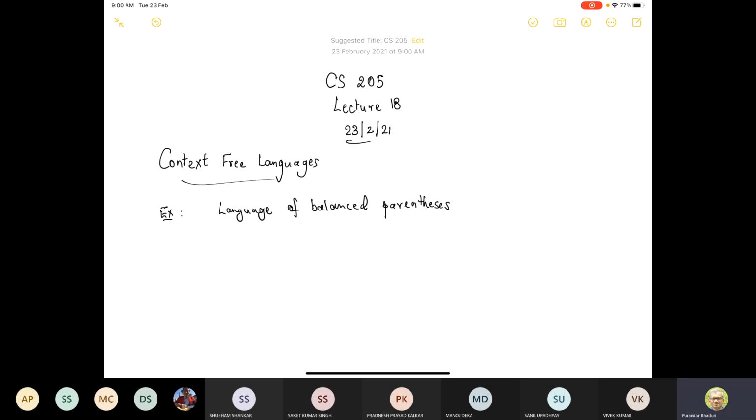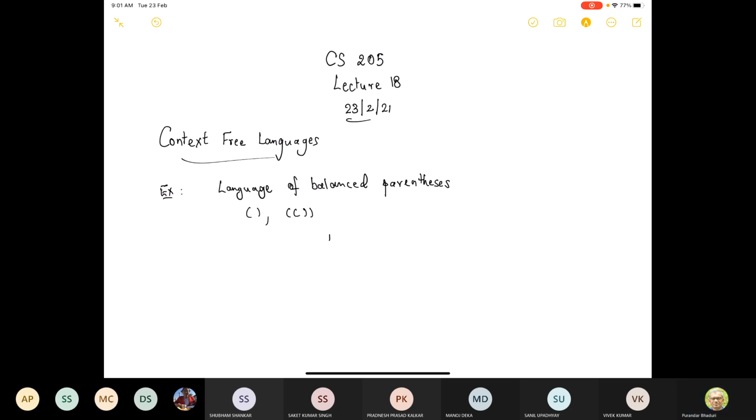For example, all these strings belong to the language, whereas these strings do not.